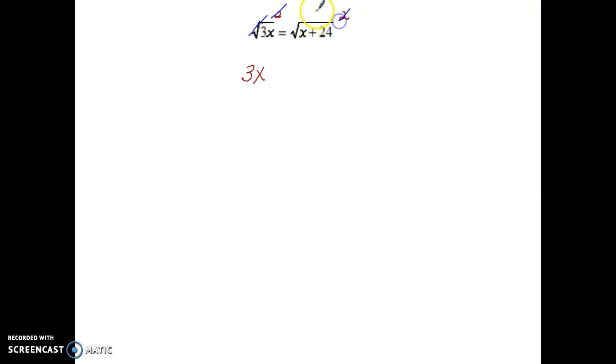That's going to happen on the right side as well, which means I would just be left with that x plus 24. To solve this, I would subtract a 1x from both sides, and then my final solution should be x equals 12.